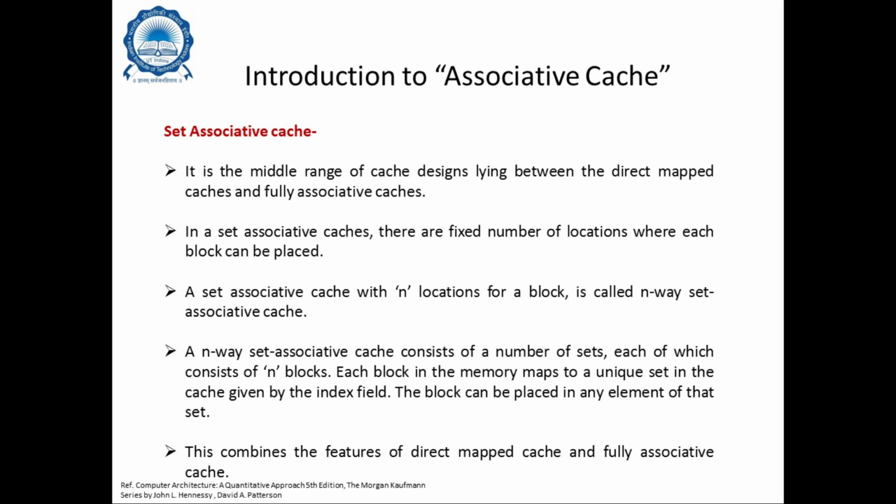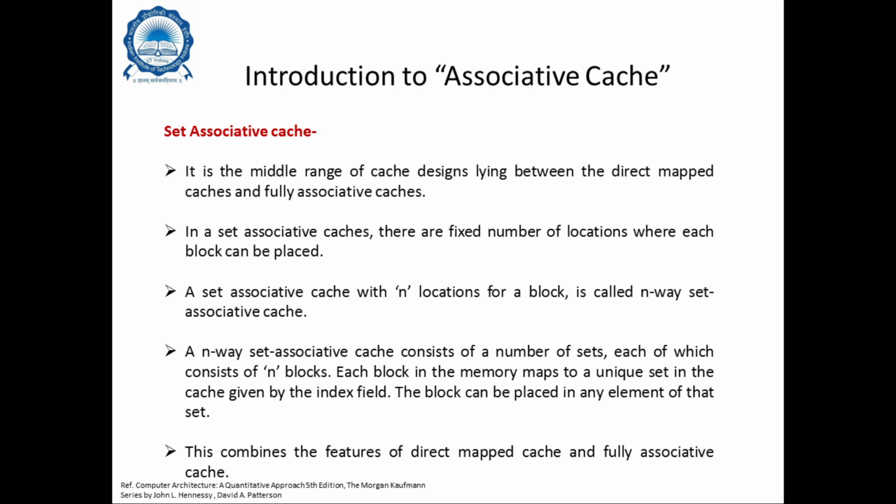It is a fixed number of locations within which the block can be placed. A set associative cache with n locations for a block is called an n-way set associative cache. That is, there are n possible locations where the block can be placed. That's why it's called an n-way set associative cache.